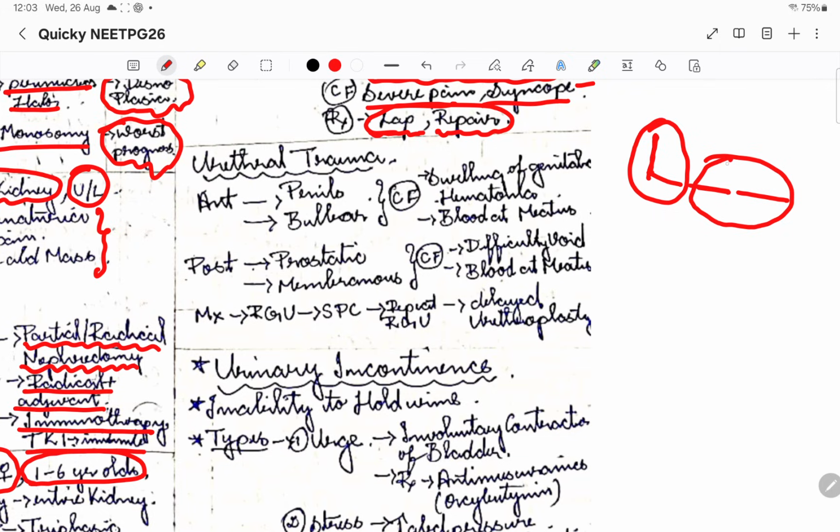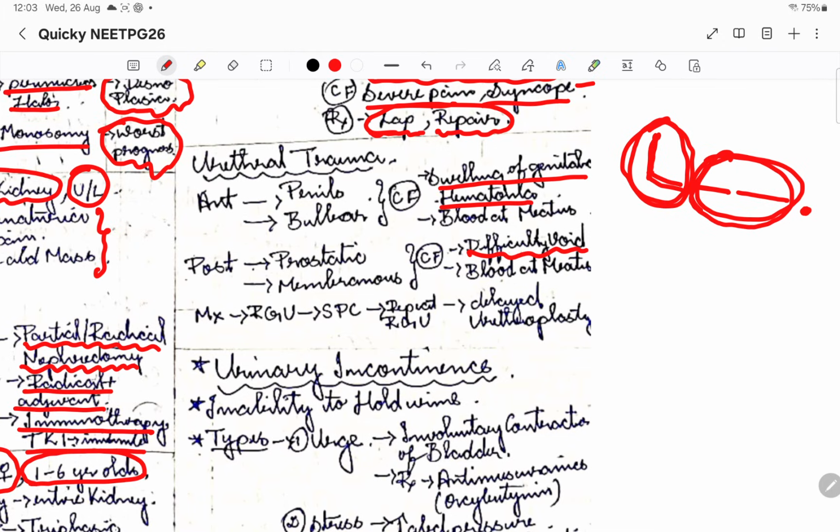If it is anterior urethral trauma, the clinical features will be swelling around the genitals, and hematoma around it. Then blood at the meatus, as I told you, urethral trauma means there will be blood at the meatus. In posterior urethral trauma, there is difficulty in voiding because the urine can't come out, and again blood at the meatus.